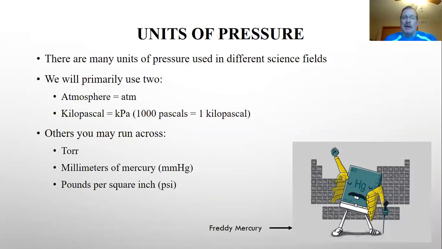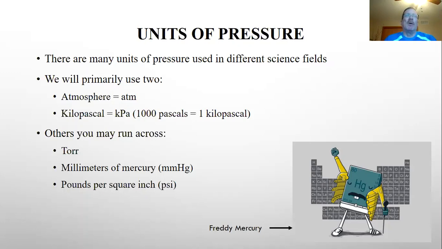Unfortunately, with pressure there are many units in many different science fields, meteorology, etc. We're really going to use two, and that's the atmosphere and the kilopascal. Those are the two that are most often used in chemistry. And kilopascal is what it sounds like. It's metric. There are 1,000 pascals in a kilopascal.